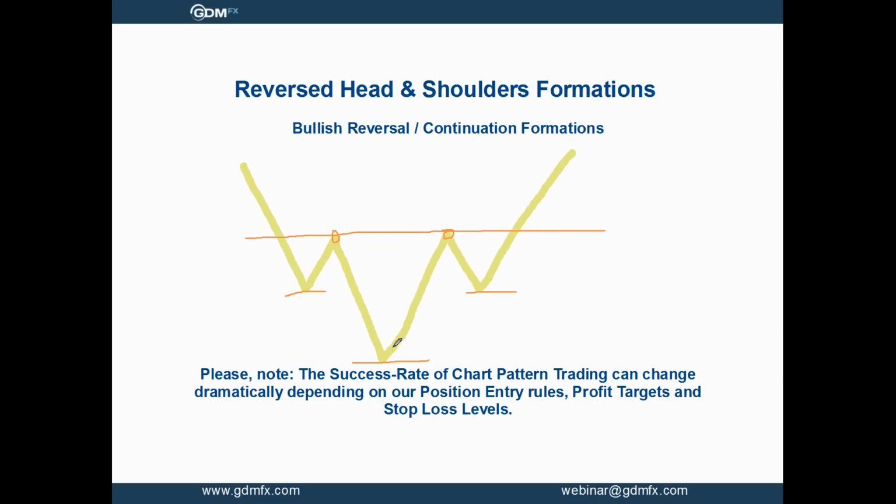Now, the most widely used way of getting your profit potential is to measure the distance between the head and the neckline. So if this distance is, let's say, 100 pips, then our take profit would be 100 pips higher than the neckline.